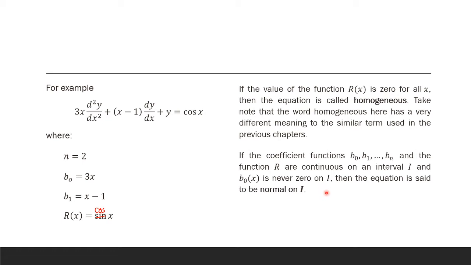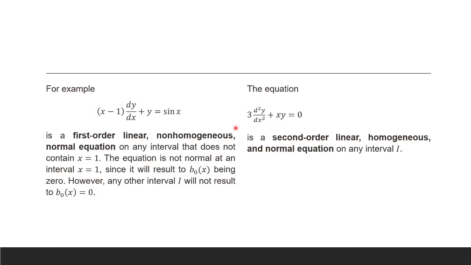Kasi syempre, nagsosolve tayo kapag nagdi-differential equations tayo, may interval kung saan pwede natin gamitin yung equation. If usable yung equation na yun to that certain interval, then that is normal to that interval. Pinapangalanan natin yung set of values of x na yun as I. That's the interval. So, para mas maintindihan, tingnan natin itong example na to.